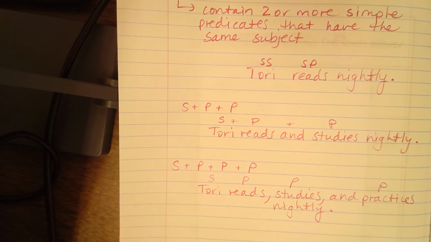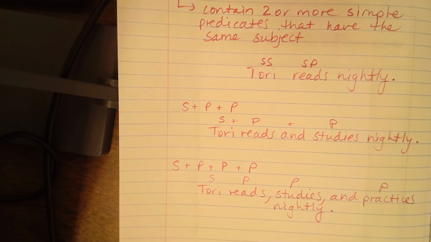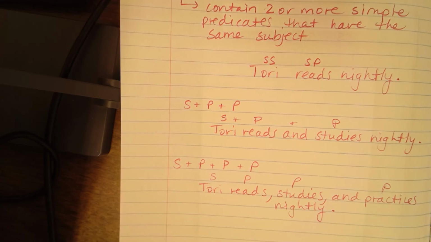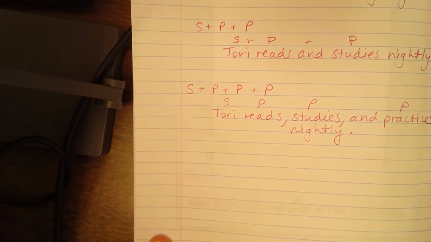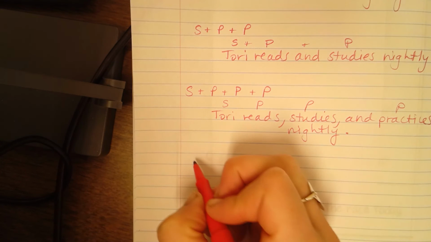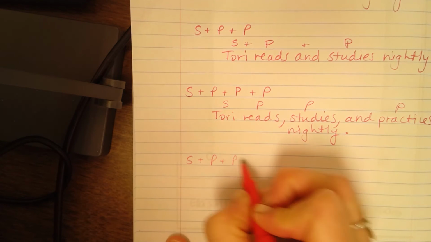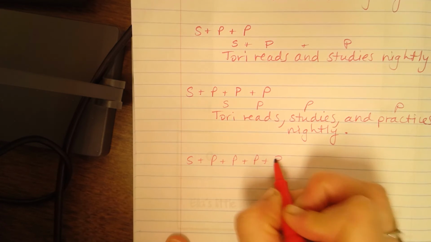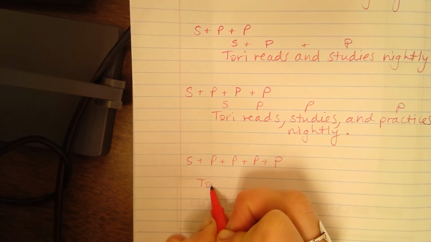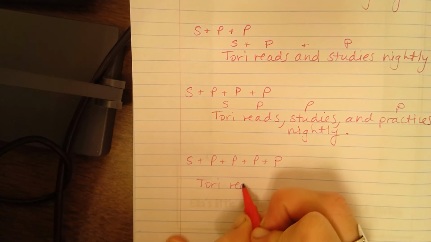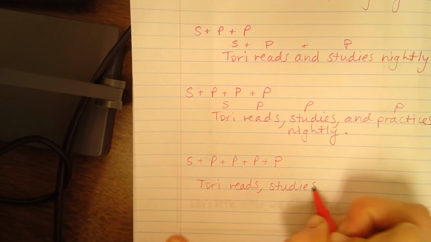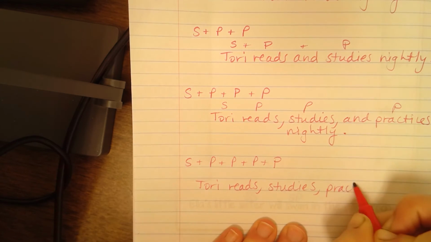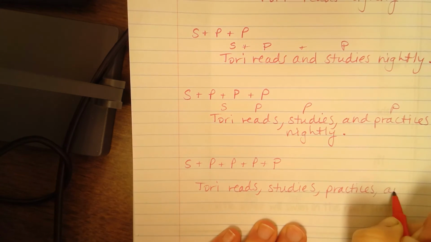And just like on the compound subjects page, where we got up to four subjects, we're going to get up to four predicates in this example. So now we have S plus P plus P plus P plus P. Tori reads, studies, practices, and exercises nightly.